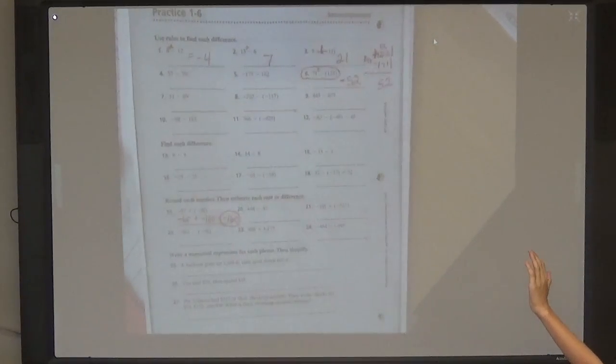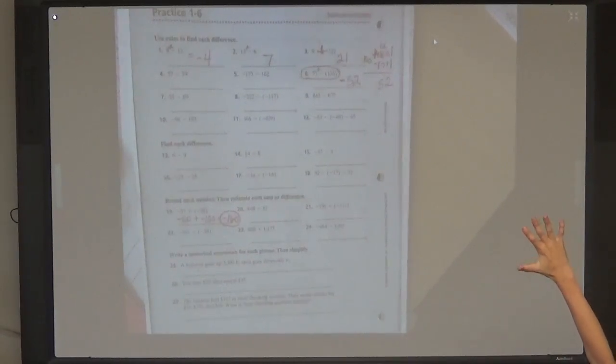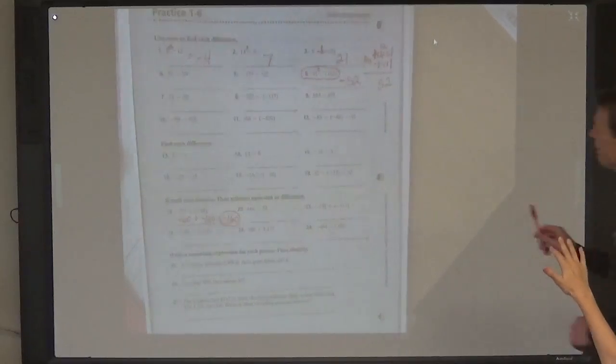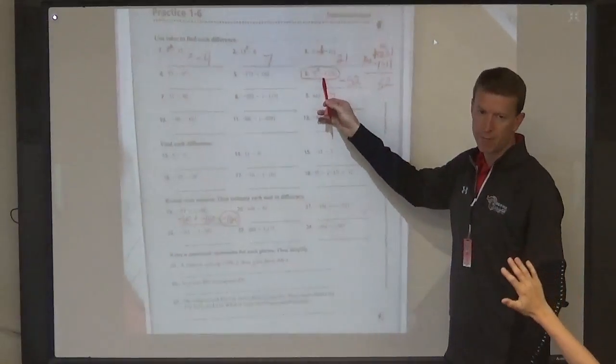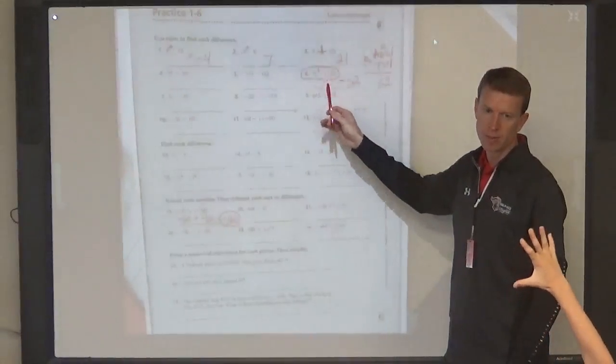Allison asks, from number 6, when it's outside the parentheses, why do they have the parentheses still around the 1? It's just because sometimes in algebra, there's parentheses and then a minus sign in front of it. Okay?